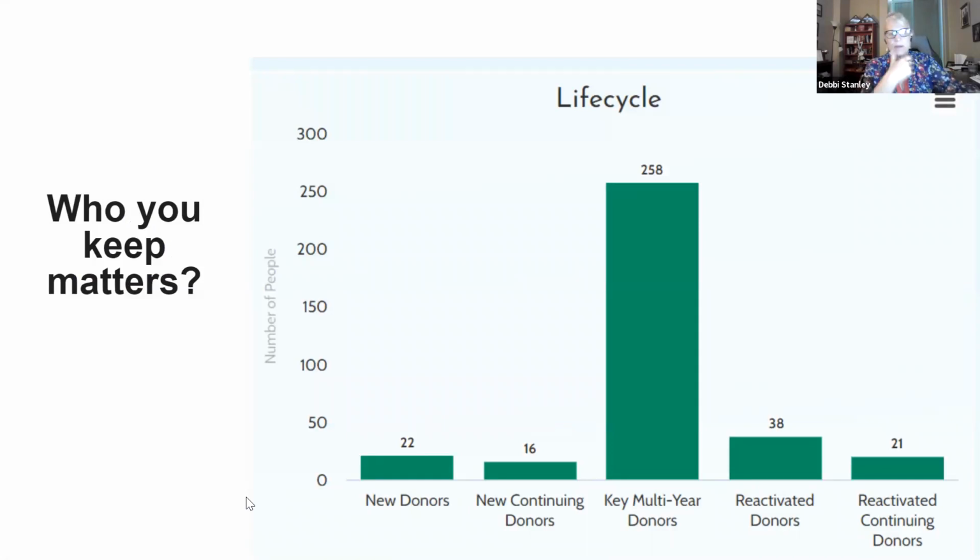And this is what I'm talking about, the Al Bundys of the world. If you look at where your donors are in their life cycle, those 22 new donors, you want to start them on a new donor journey. You've got some continuing donors or new monthly givers. Again, that's a different journey.